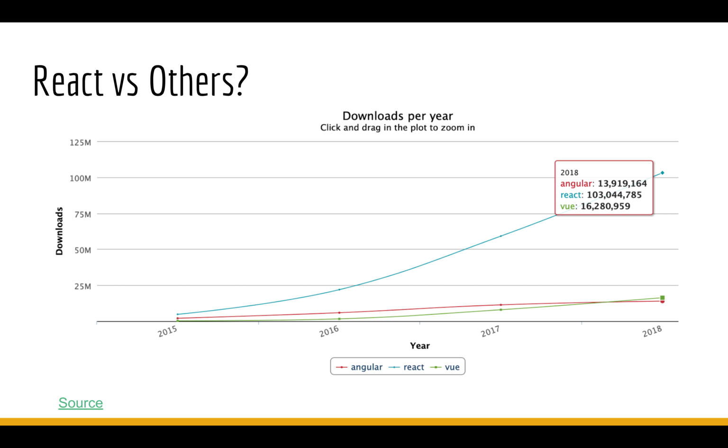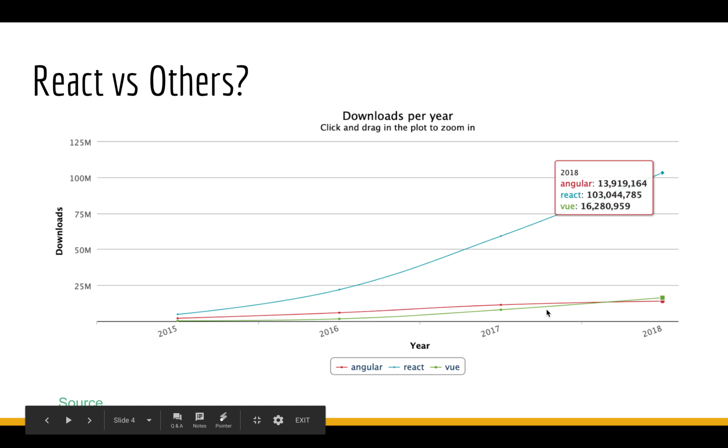So you can see that this is a graph here showing the downloads from NPM from 2015 to present day. This is Halloween in October 2018. And you can see that React has far outpaced both Angular and Vue in terms of downloads. Actually, you can see in the last year, Vue has started to take over Angular in terms of downloads, but both pale in comparison to where React is.